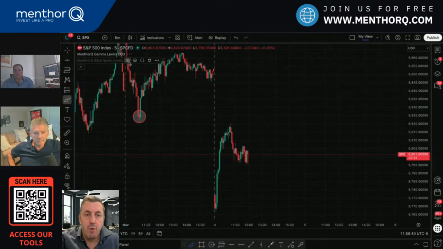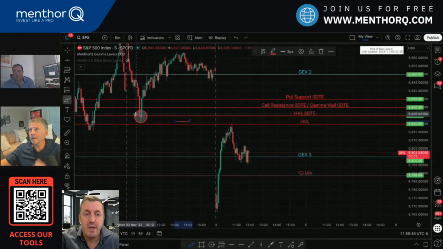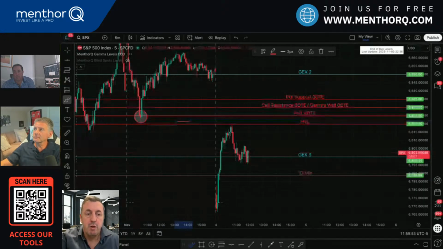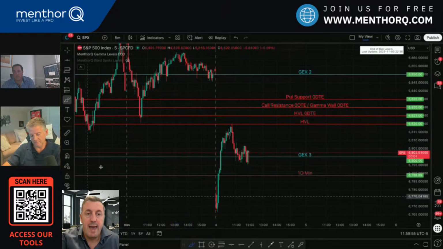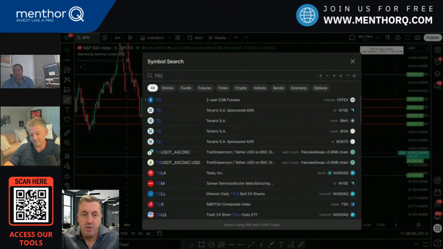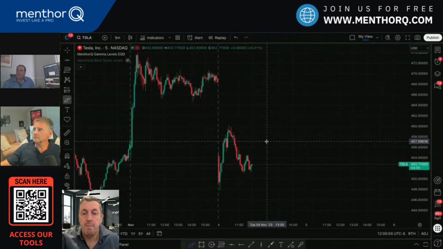Although we are in positive gamma for SPX, we were in negative gamma for this expiration yesterday. This was a put support area, and then it dropped down, boom, bounced all the way up. So the way I read it is I have a plan A and a plan B whenever we hit those GEX levels, and then I adjust based on the price action that you see.